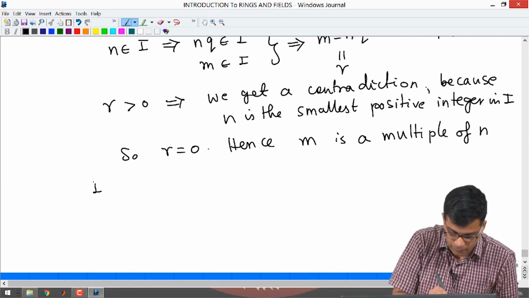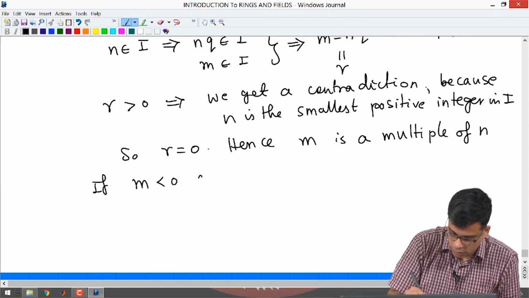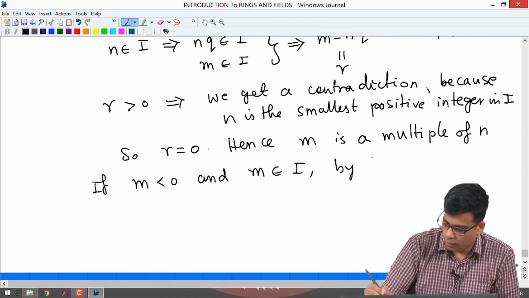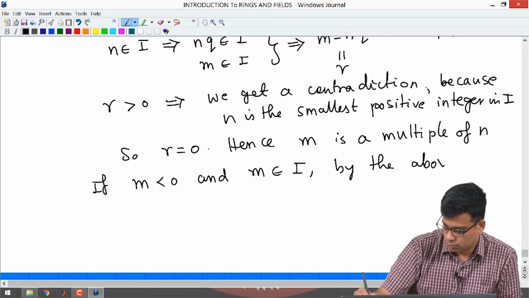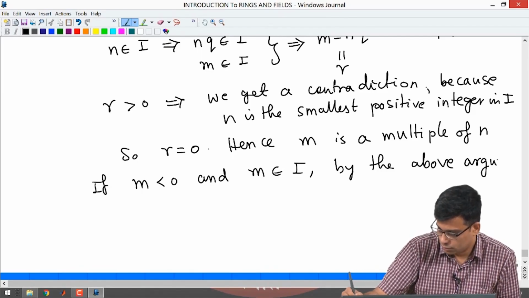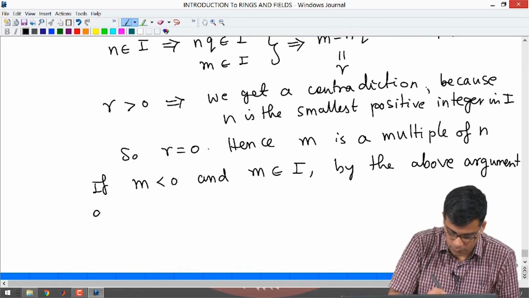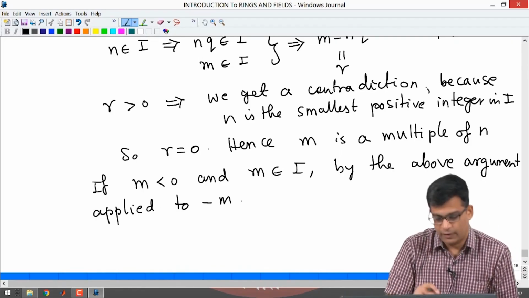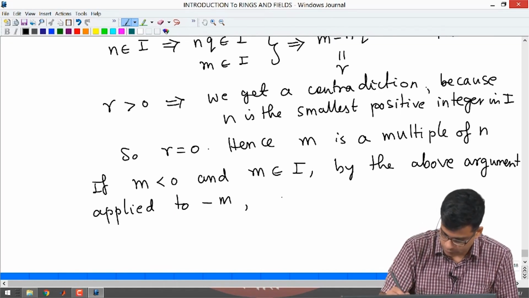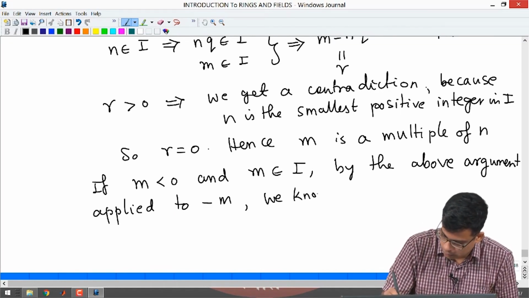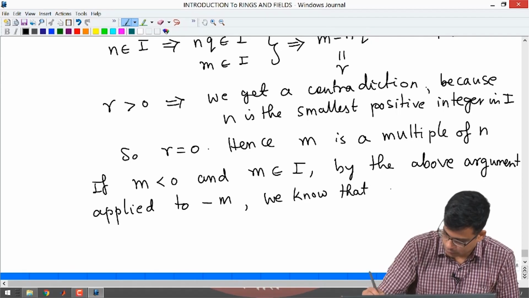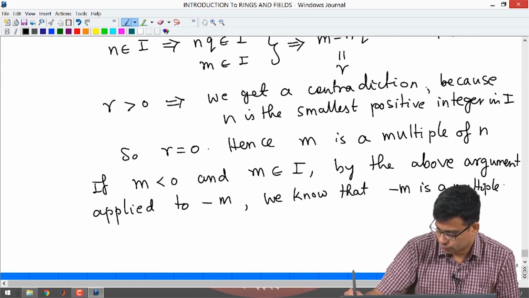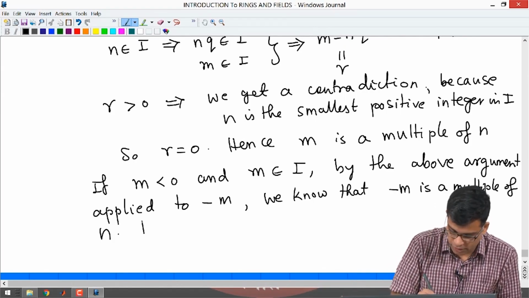Now, on the other hand, if m is negative and m is in I, by the above argument applied to minus m, right, if m is negative, minus m is positive, we know that minus m is a multiple of n.